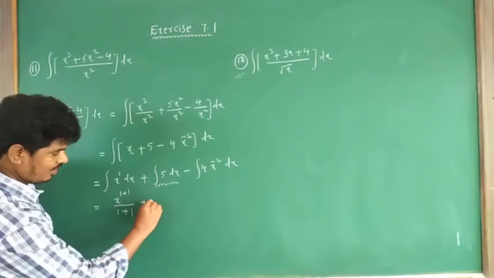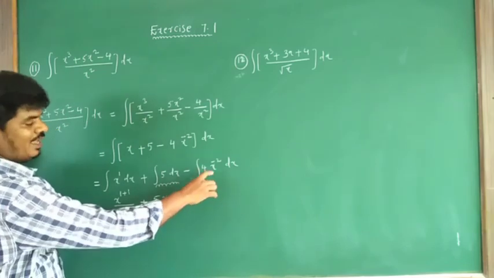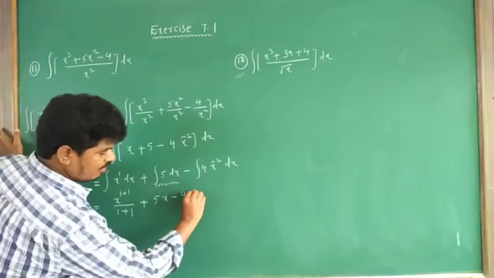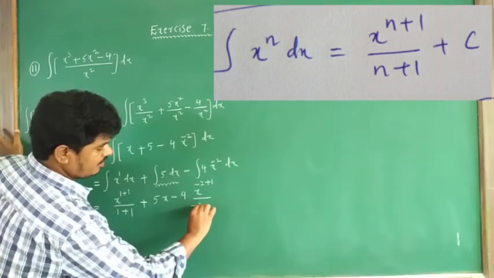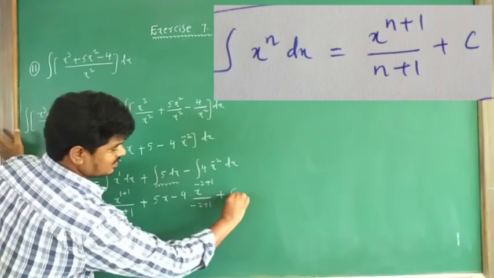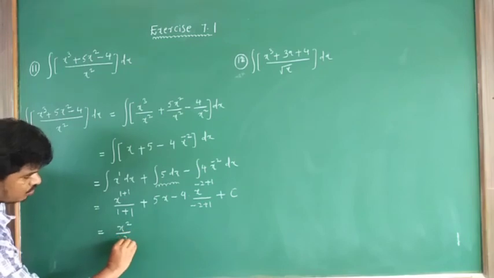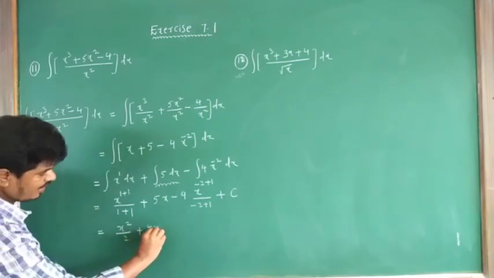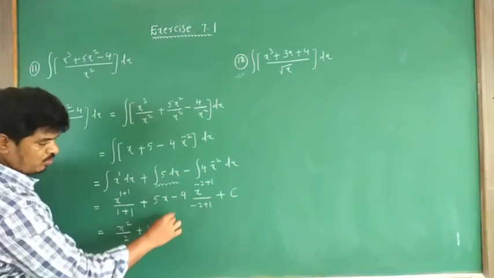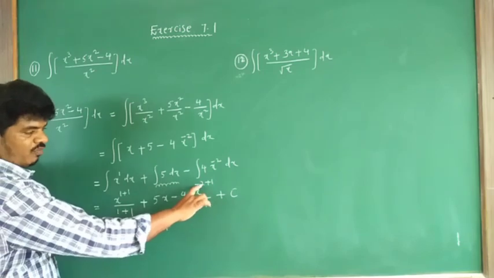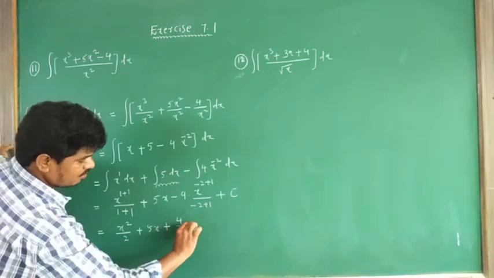I am writing directly, that is 5x minus 4 into, for x to the power of minus 2, I am going to apply the formula, x to the power of minus 2 plus 1 divided by minus 2 plus 1, plus c. Now this is equal to x square divided by 2 plus 5x minus, with minus 2 plus 1 being minus 1, minus 4 into x to the power of minus 1 divided by minus 1, that is plus 4 by x, plus c.